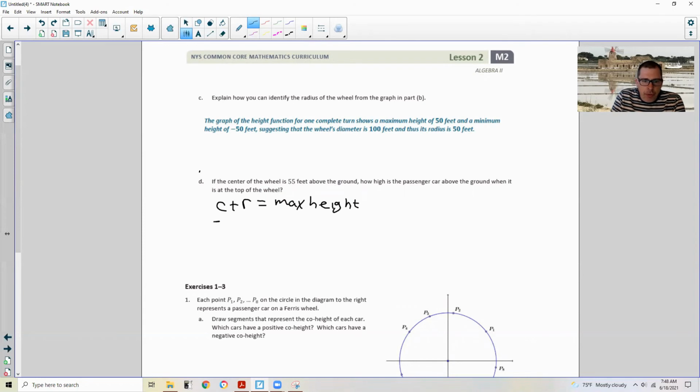So if the center of the wheel is 55 feet and the radius is 50 feet, then the maximum height is 110 feet. Okay, I can't add. 55 plus 50 is not 110. Ay caramba. 55 plus 50 is 105 feet.